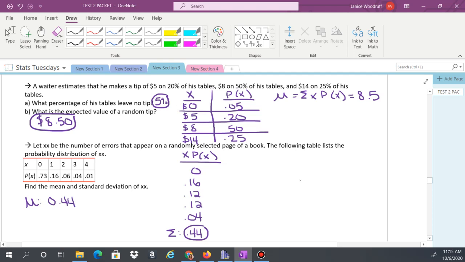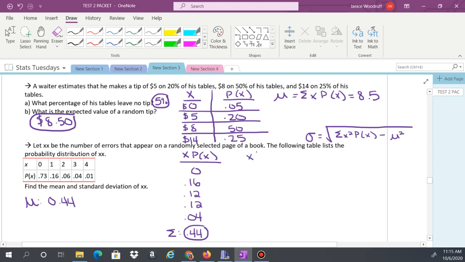And now for the standard deviation, we are going to need x squared times p of x for that calculation. Remember, that's going to be the square root of the sum of x squared p of x minus the mean squared. So we have the mean. We need x squared times p of x.